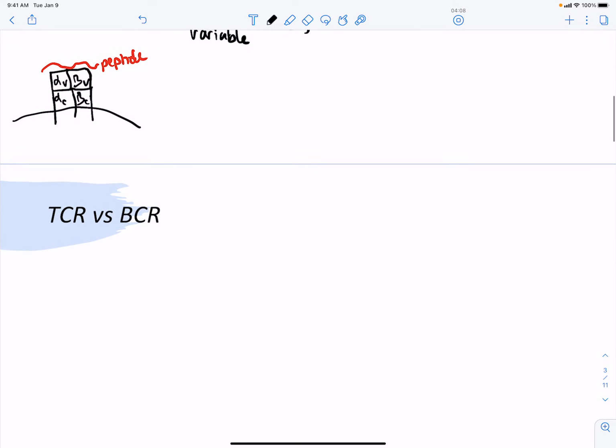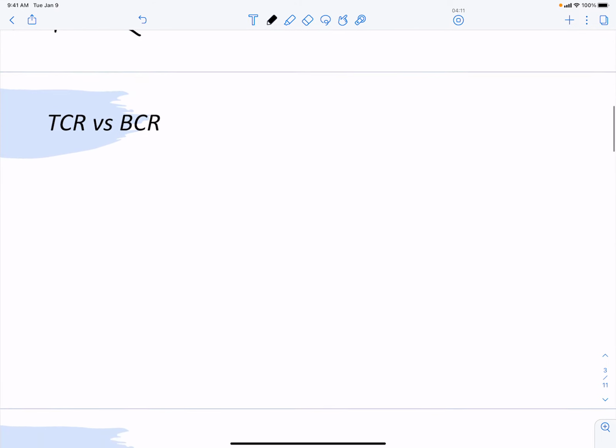Okay, so before we continue on this, I want to just discuss a little bit about the differences between the T cell receptor and your antibody structure. There are similarities, but they are very different in many key ways. So we'll put the T cell receptor over here, and we'll talk about a B cell receptor over here.